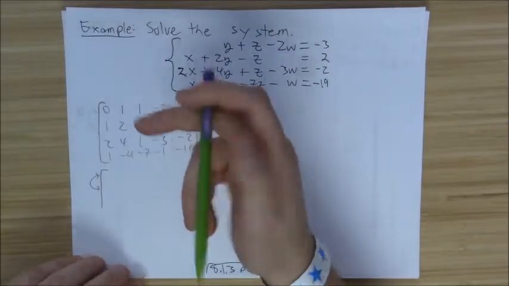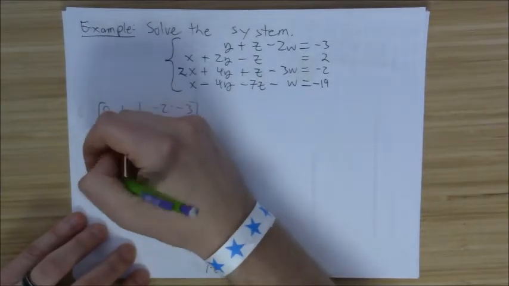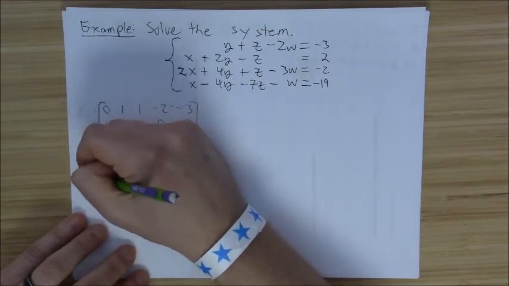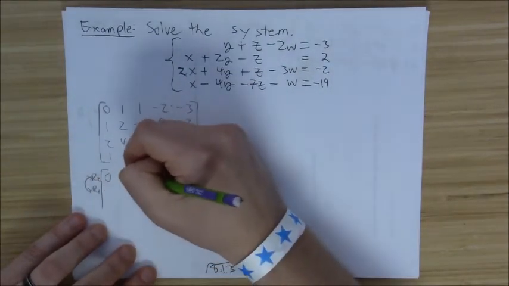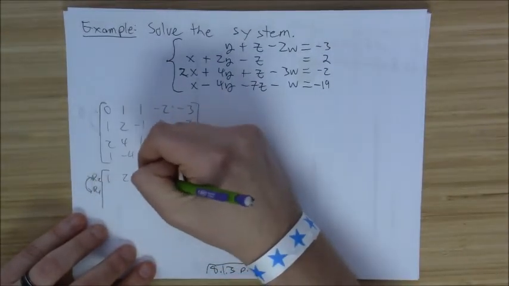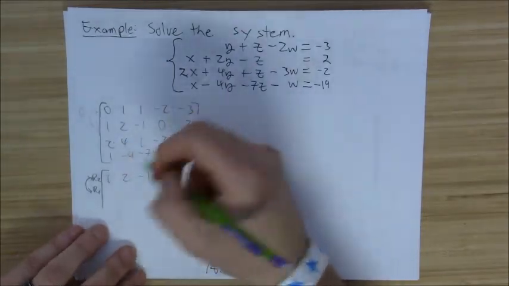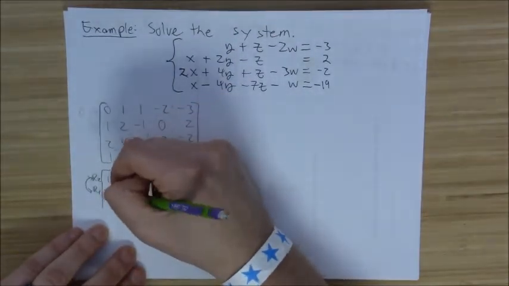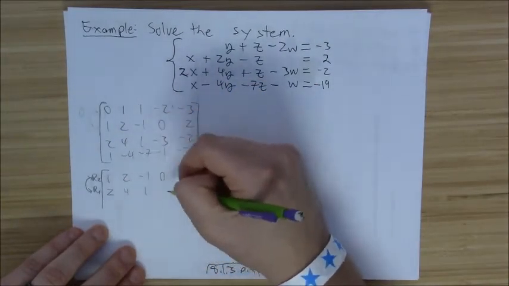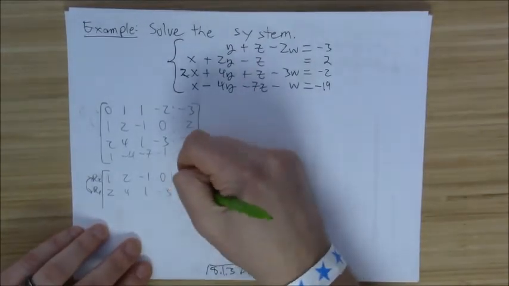We now get that, I'll write it exactly how the book does it. R2 and R1, so we swapped them to opposite places. So this will now be 1, 2, -1, 0, -3. Then we have 2, 4, 1, -3, -2, or no, -3, sorry, I messed this up.